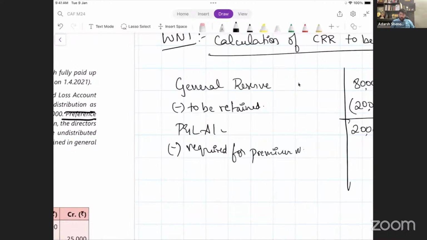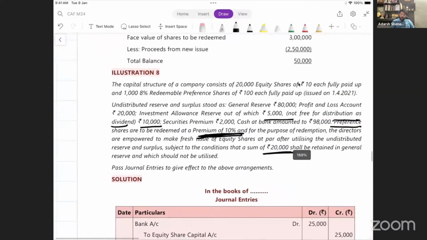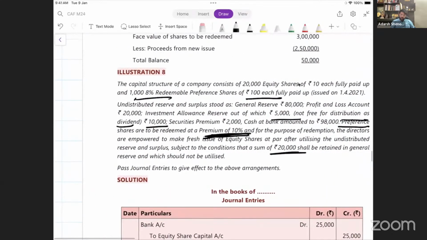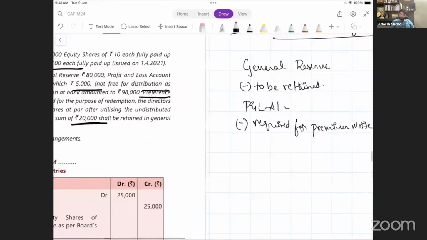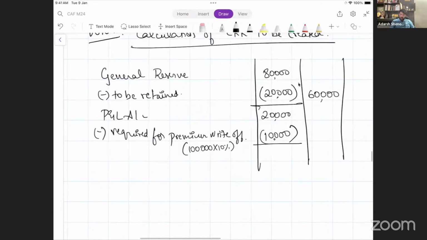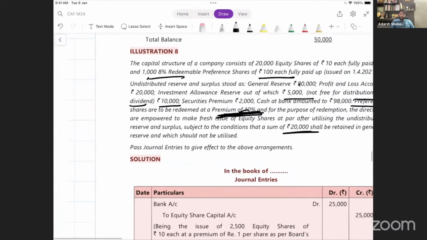How much do we need for premium write-off? Premium on redemption is 1 lakh, the face value of the preference shares, into 10%. 10% is the premium percentage. So 10,000. So we have another 10,000 of P&L.